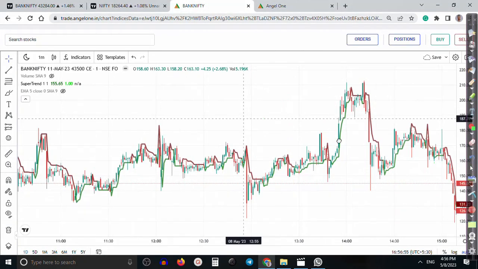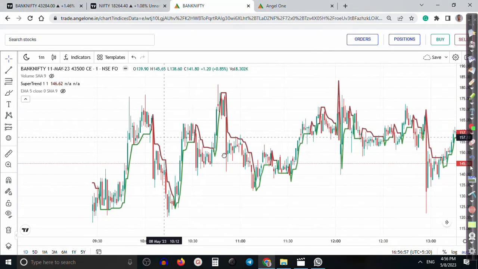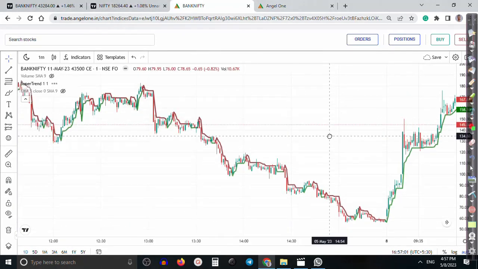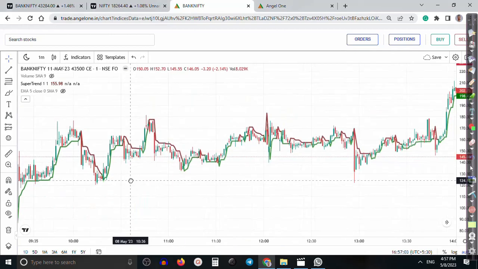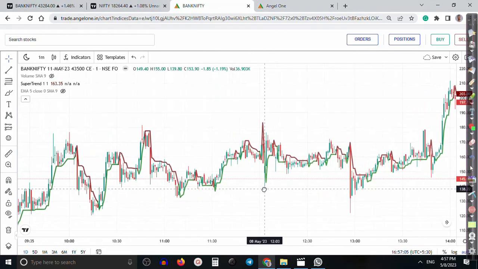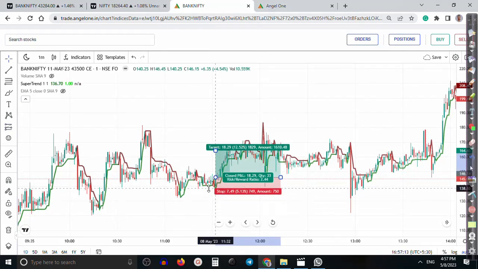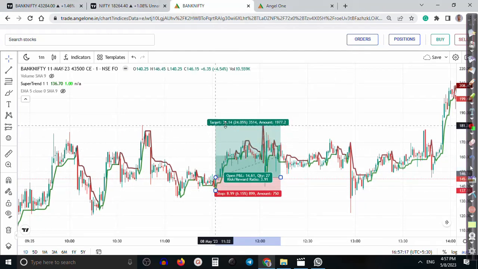Let me explain here. Now I can see I use some indicator. Just a minute. Okay, this is 1 minute. I think here was our entry point, 1:4. My SL is 10 and target is 40.